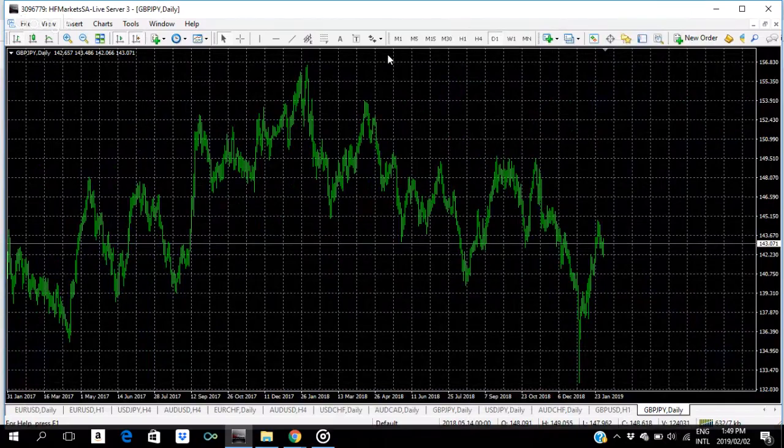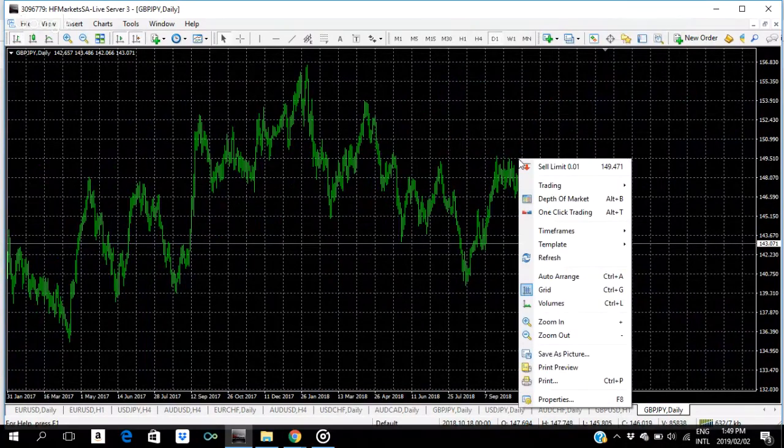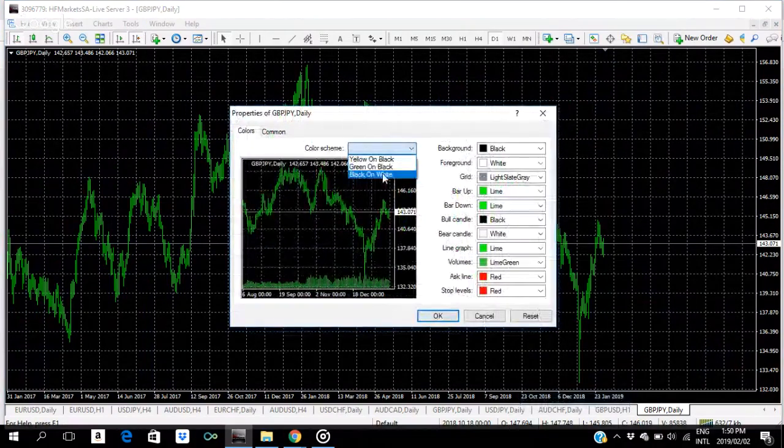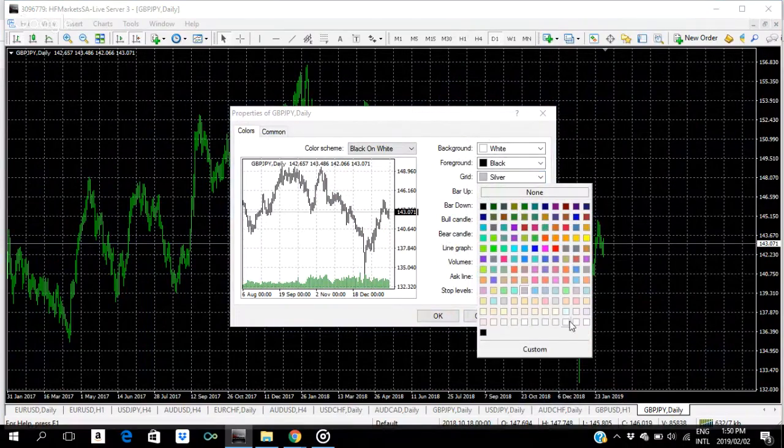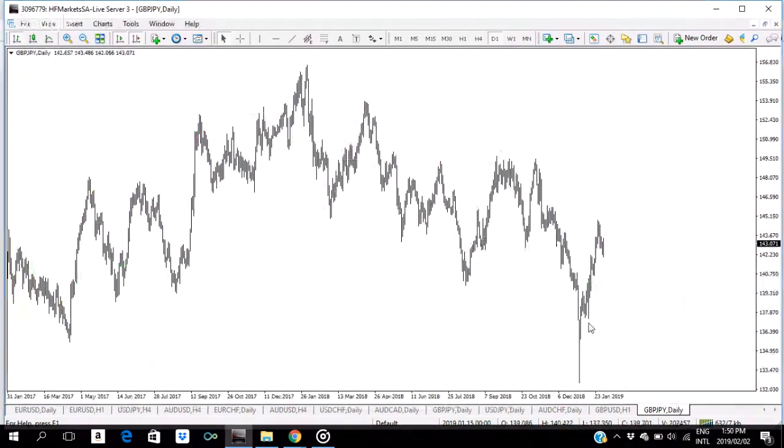All right, this is nice. Let's just quickly change this. All right, as you can see, guys, this chart is clean. It doesn't have anything confusing.